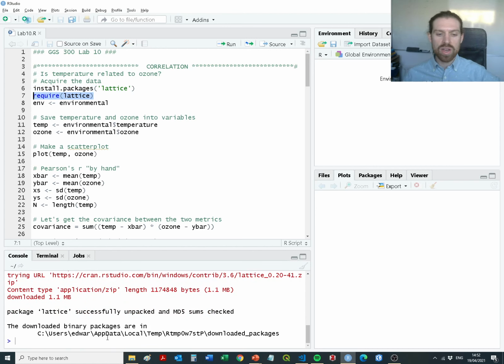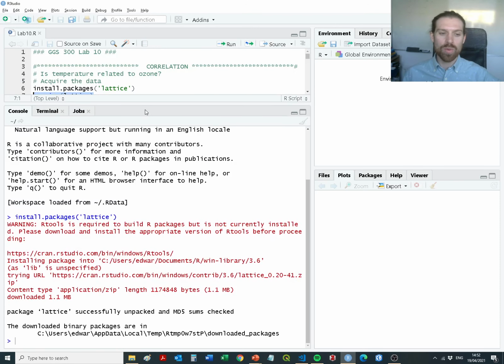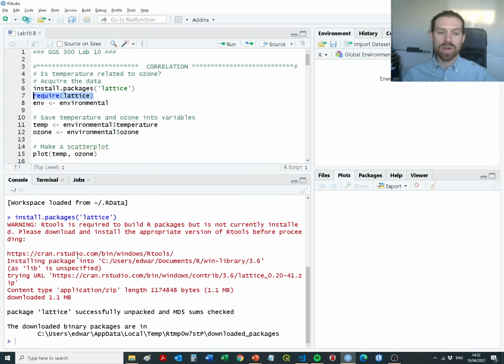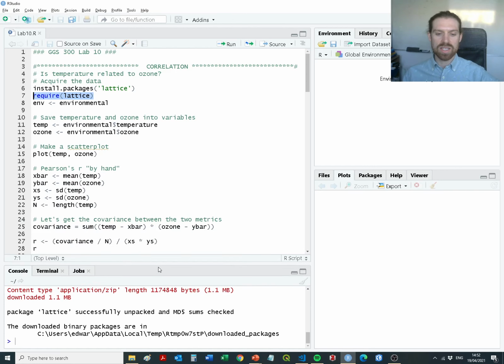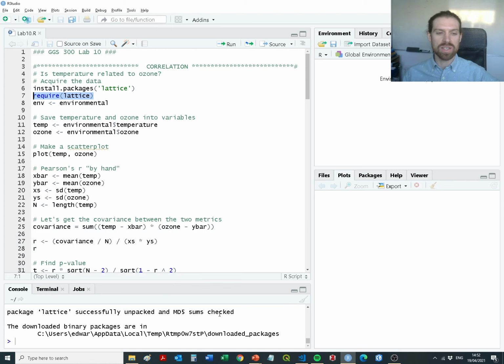So you can see down here in the output, it's spat out a whole load of lines of code from it going to the R CRAN, so the server where you can download R packages, and then it's installed it, and it said that it successfully unpacked and successfully passed a variety of checks.